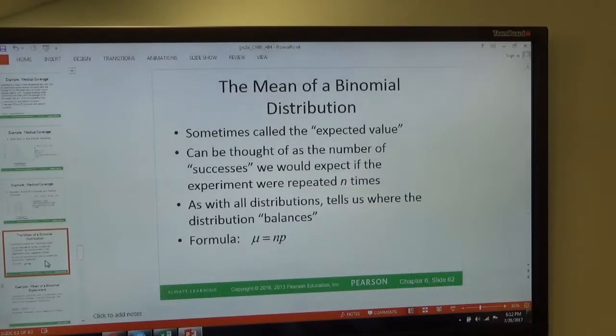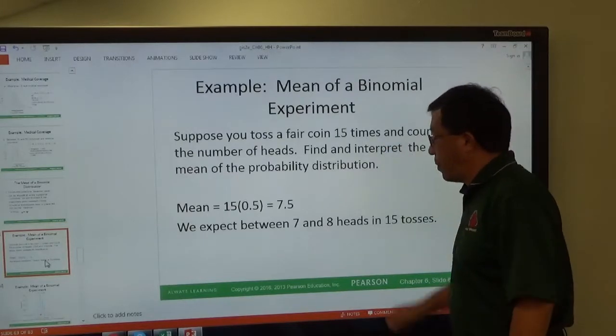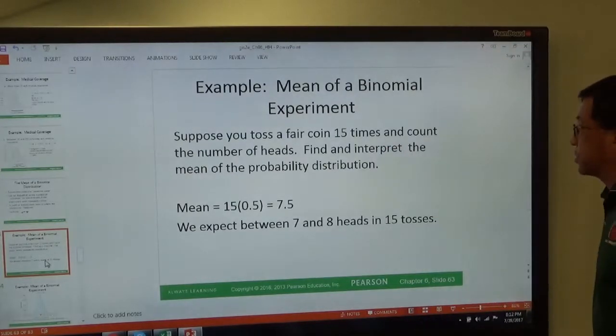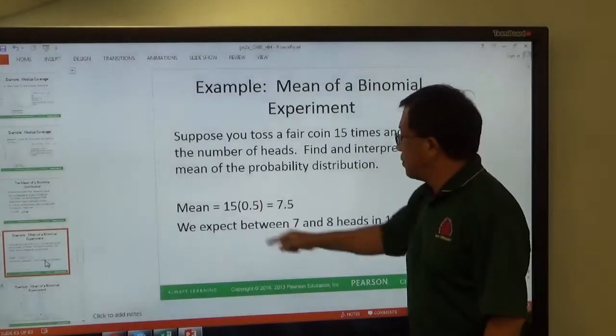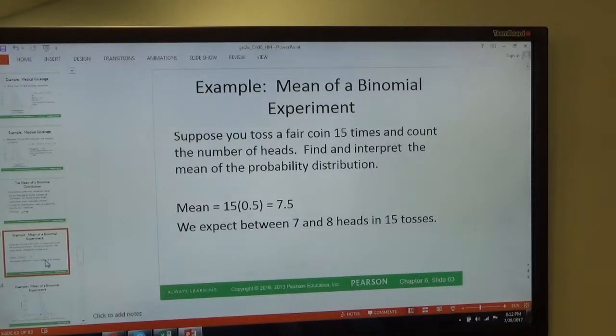Basically, 9 people will say yes. That's the mean. In this example, you toss a fair coin 15 times. Each time the probability of getting heads is 50%, so 50% times 15 is 7.5. That's the mean.